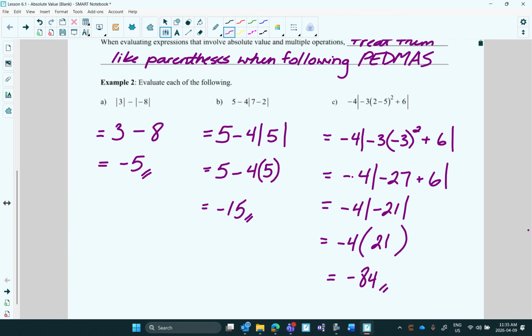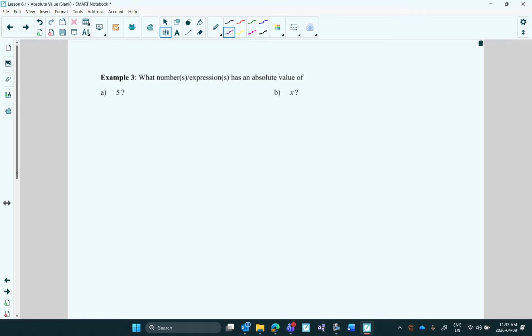Finally, because we're going to actually start doing absolute value equations, we're going to see what their graphs look like. Just to get you to think a little bit, what numbers or expressions have an absolute value of 5? Right. So that's actually dealing with solving an absolute value equation.